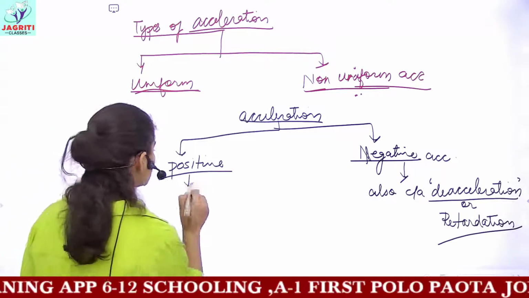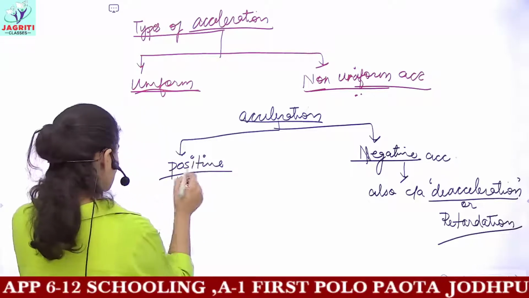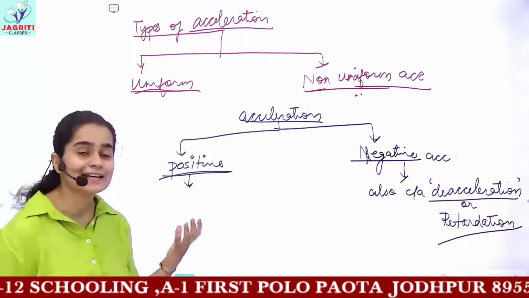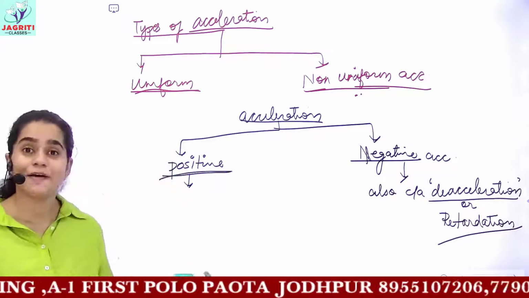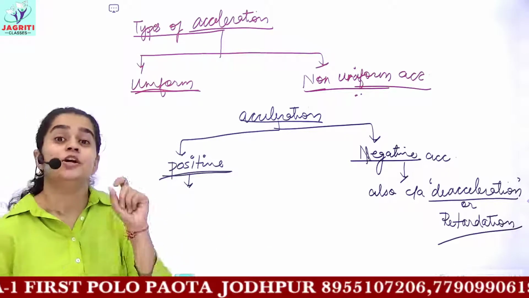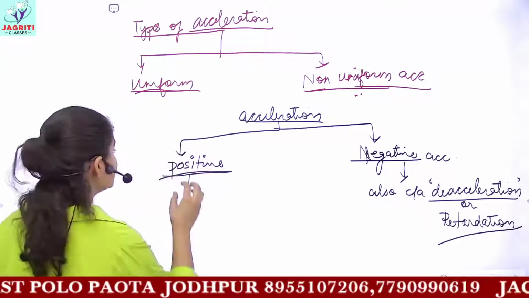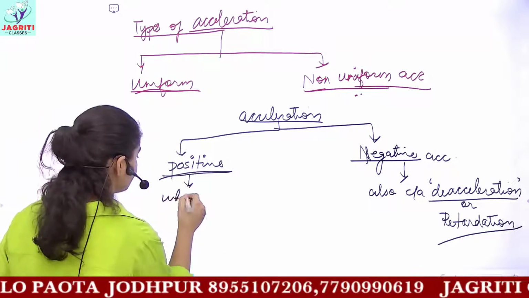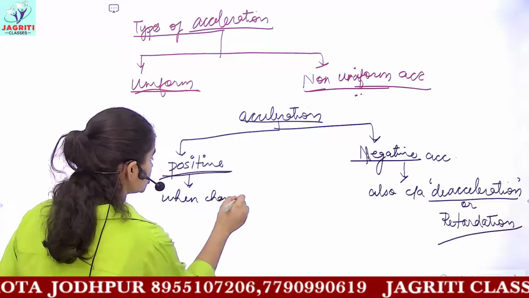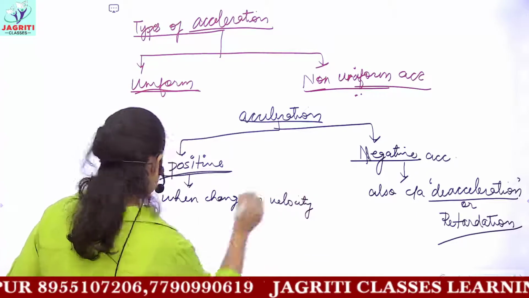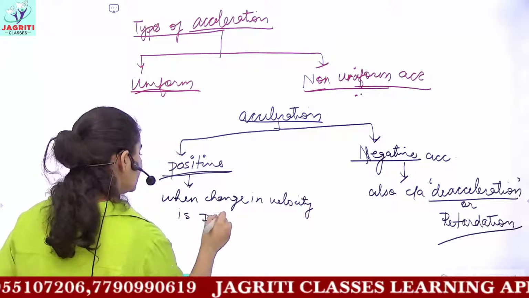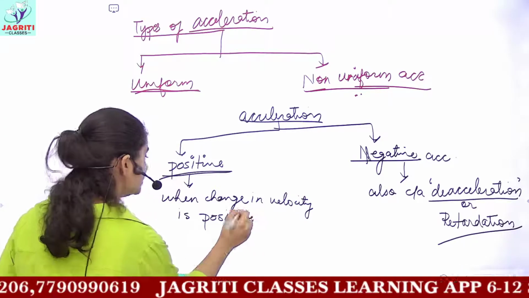Positive acceleration is, you can say, when the direction of velocity is positive, then the acceleration you have is positive acceleration. The exact definition would be: when the change in velocity is positive, then the acceleration comes out to be positive.